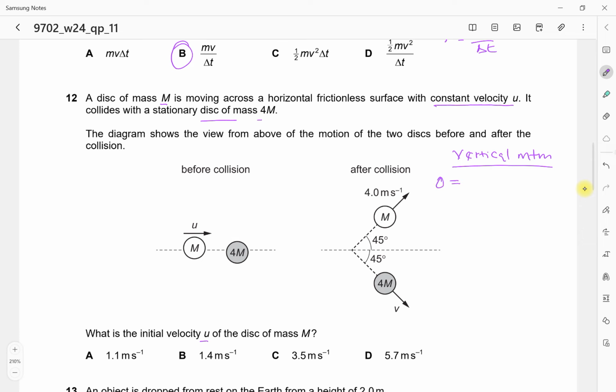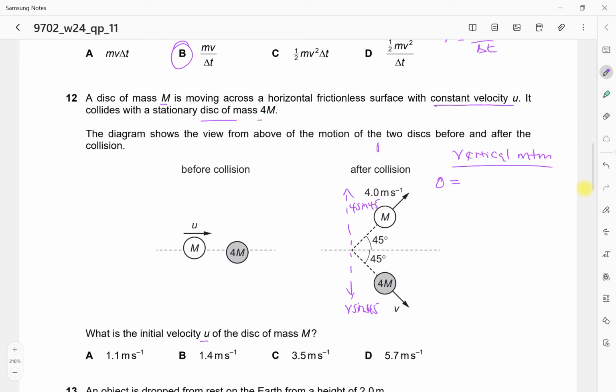Total momentum after collision, I have to resolve in the vertical. This one will be 4 sine of 45, upwards. And this one in the vertical will be v sine of 45, downwards.